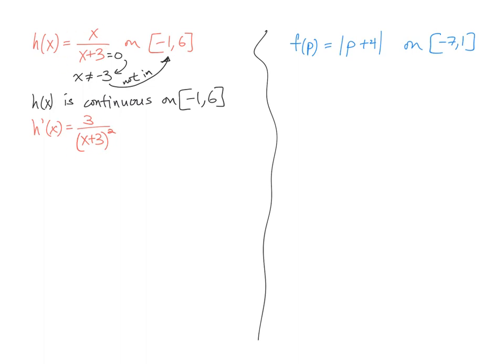Now, one thing that I have not yet had the chance to explain is that when a function has a discontinuity, right here it was discontinuous at x equals -3. If we try to put -3 in here, we get an undefined value. There's a vertical asymptote there. There's a lot of different ways to say that.